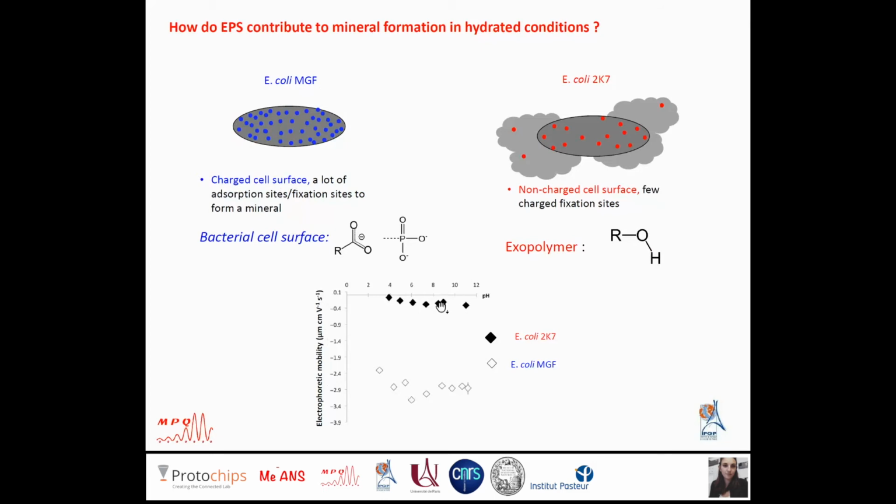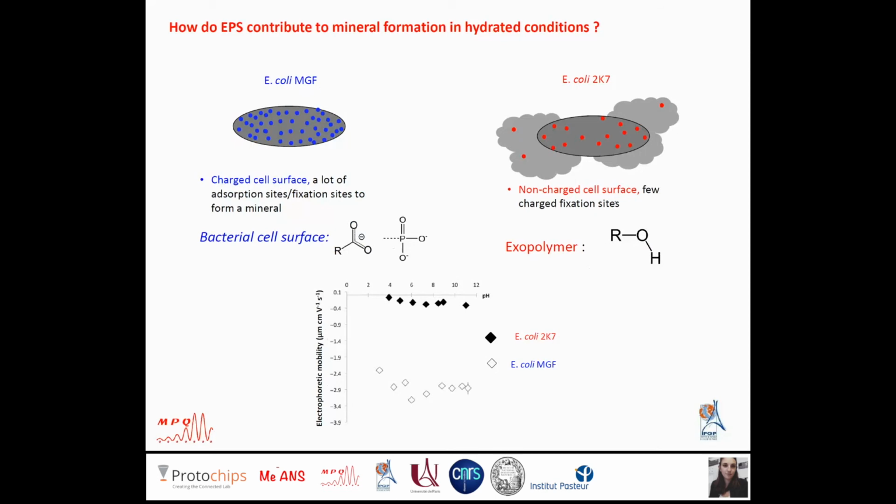This is due to the fact that some chemical functions on the surface of Escherichia coli MGF are negatively charged at the investigated pH, such as the carboxyl acidic functions and the phosphoryl as well. On the contrary, Escherichia coli 2K7 only exposes the hydroxyl function of the cellulosic polymer to the solution.